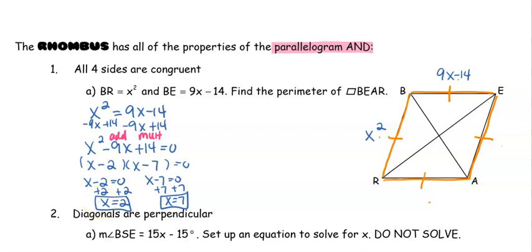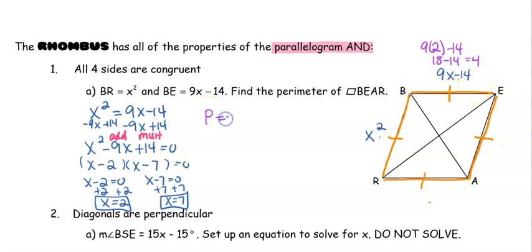It wants us to find the perimeter. So if I look here, why don't we plug it in here? So 9 times 2 minus 14. That's 18 minus 14. That's going to give me that this side of my rhombus is 4.